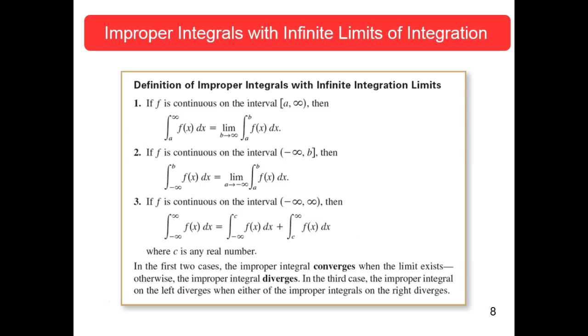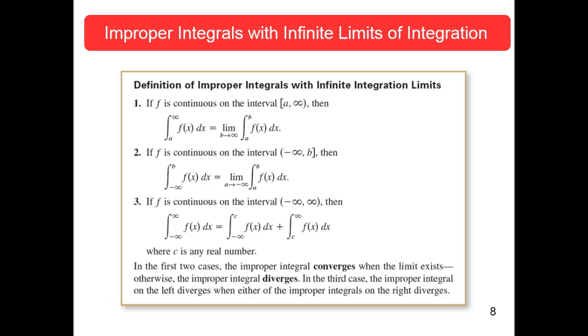So here's the definition of improper integrals with infinite integration limits. The first case: if f is continuous on the interval from a to infinity. Of course, infinity is not a number, so we can't bracket it in. That's always followed by, or if it's negative infinity, preceded by a parenthesis.